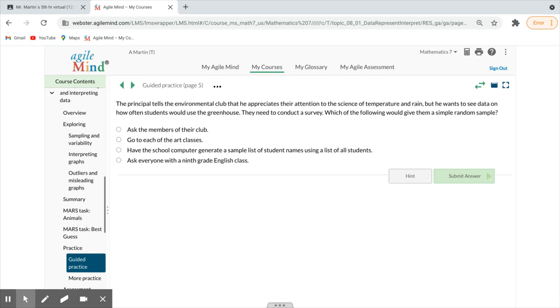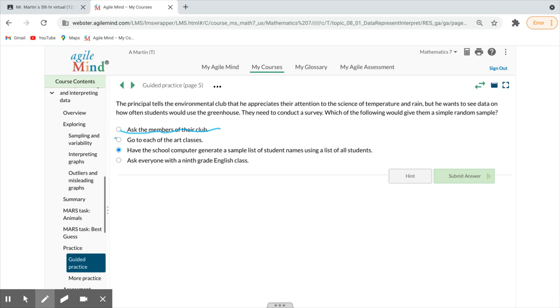Have the school's computer generate a sample list of the students' names using a list of all the students. Good job, Braden. Why would it not be ask the members of their club? Because that's a group. It's not the whole population.